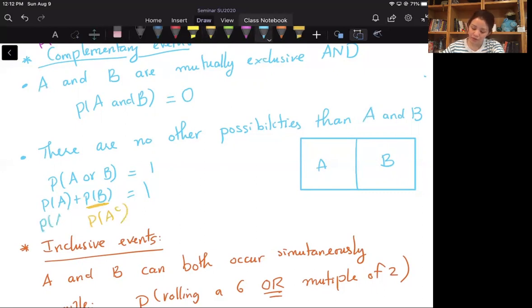So P of A plus P of A complement is equal to 1. This implies that P of A complement is equal to 1 minus P of A. And so this B right here is the same thing as A complement.